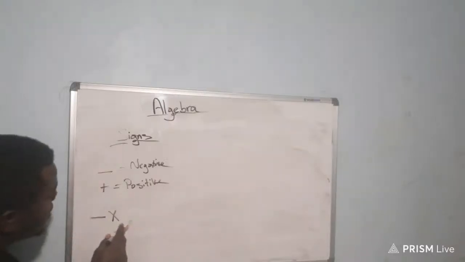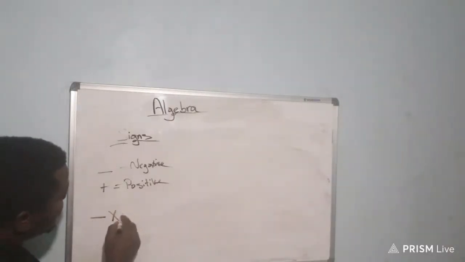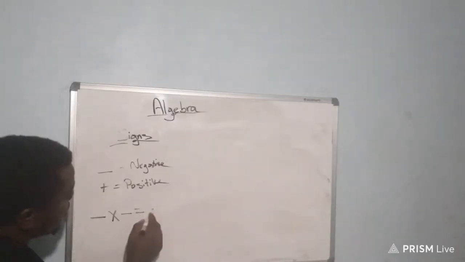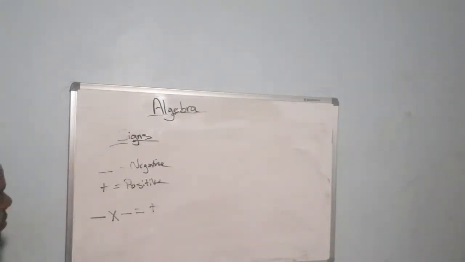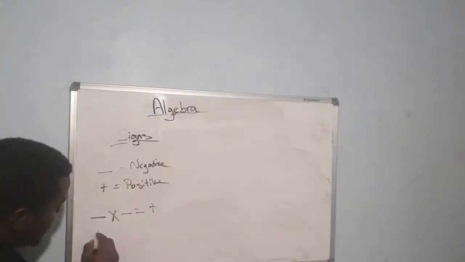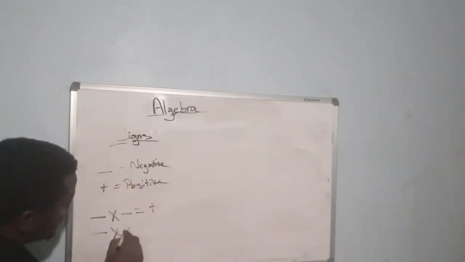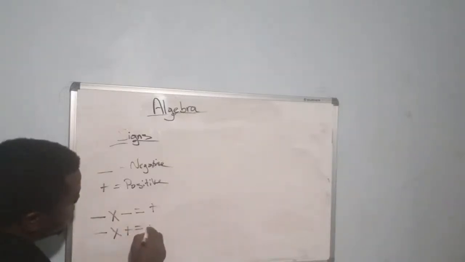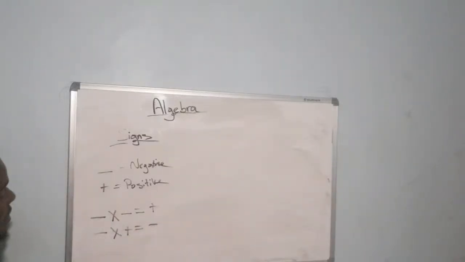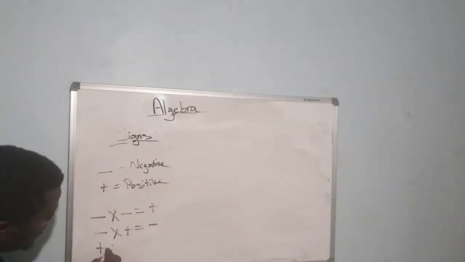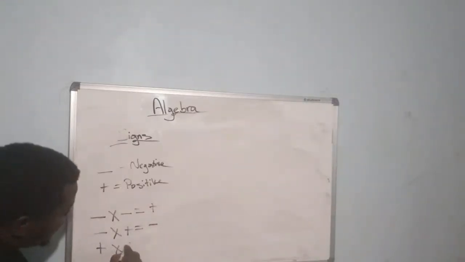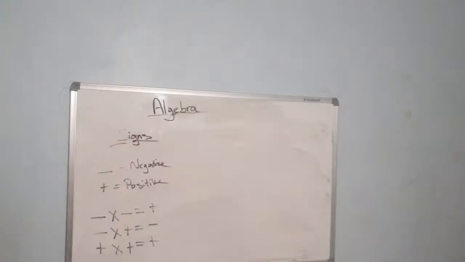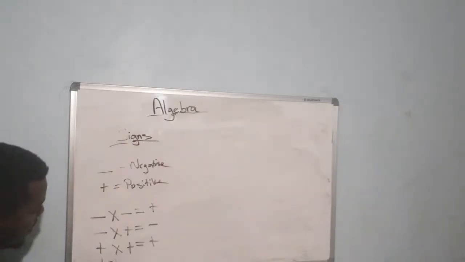So negative times negative equals positive, and negative times positive equals negative, and positive times positive equals positive, and positive times negative equals negative.